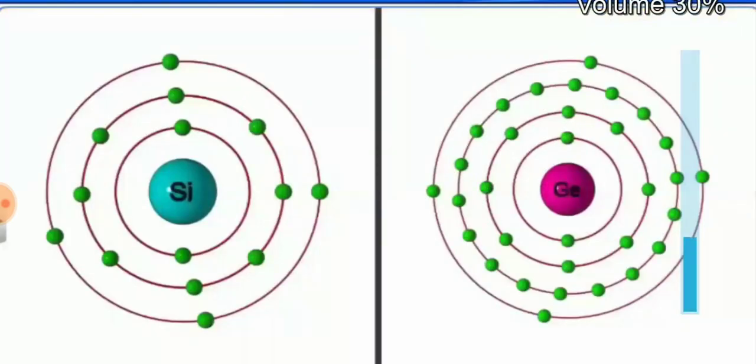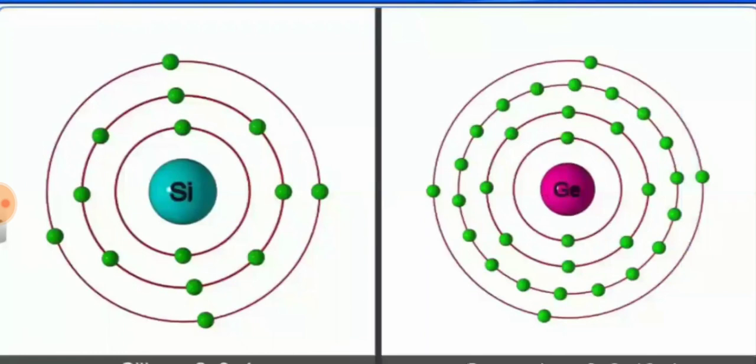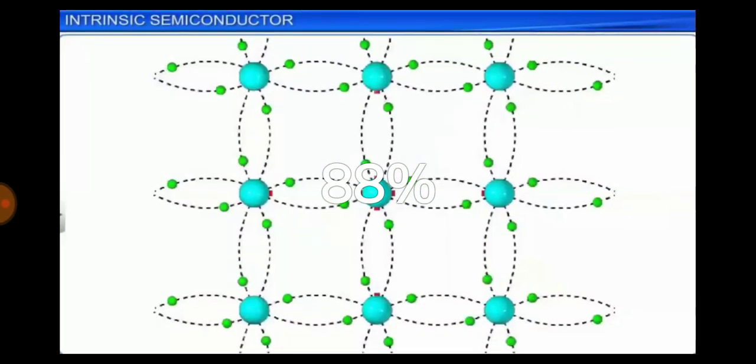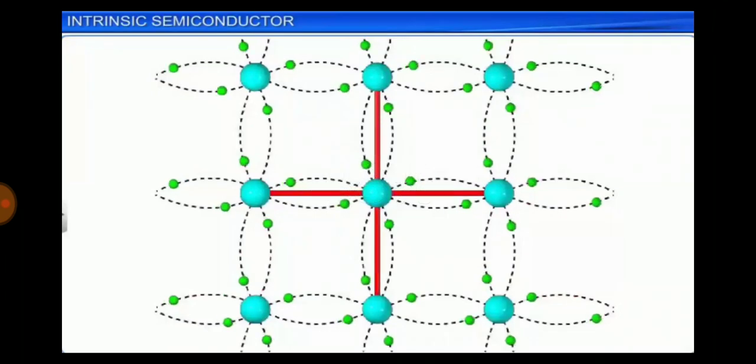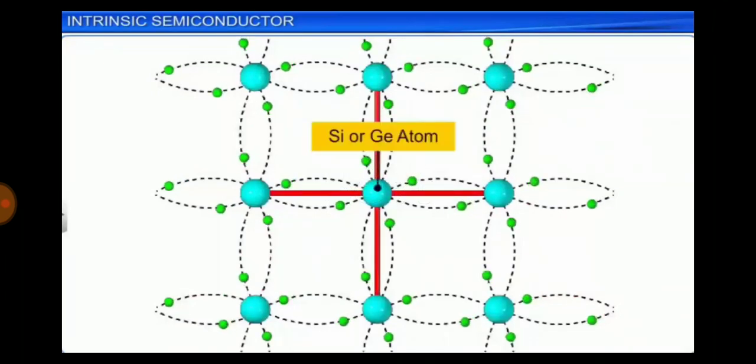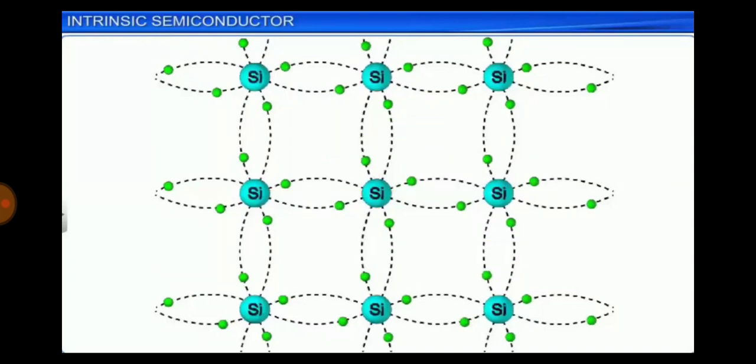See the atomic structure of intrinsic semiconductors. Silicon has 2, 8, 4 and germanium 2, 8, 18, 4. Both have 4 valence electrons in the outermost orbit. In crystalline form, each silicon and germanium atom uses its valence electrons to form 4 covalent bonds with 4 surrounding atoms. You could see it on your screen.